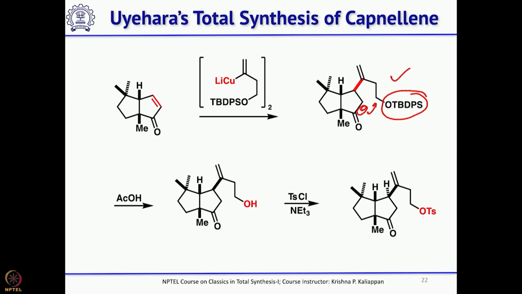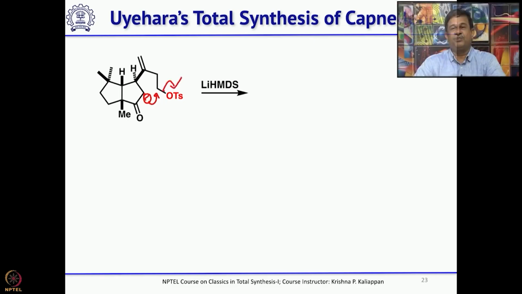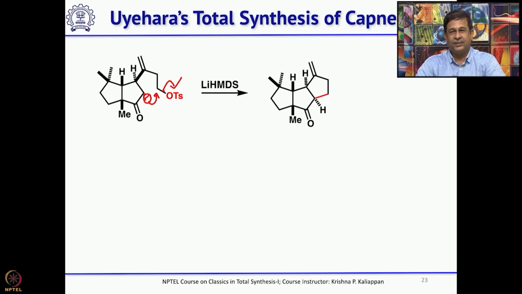Tosylate is a good leaving group. Now you take this compound, treat with lithium hexamethyldisilazide. It will generate an anion and intramolecularly attack the carbon bearing the O-tosylate in an SN2 fashion, and you introduce the third ring.